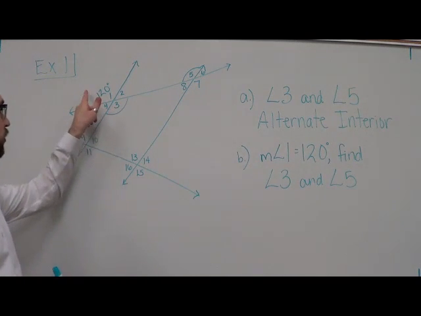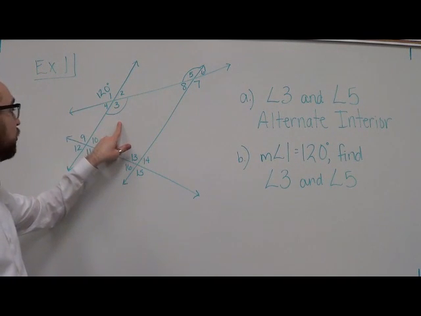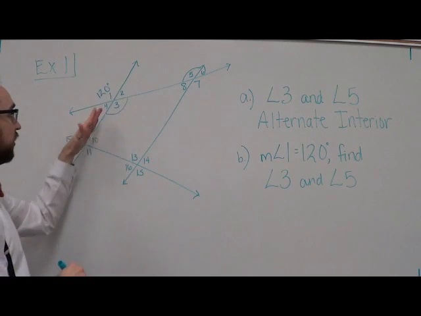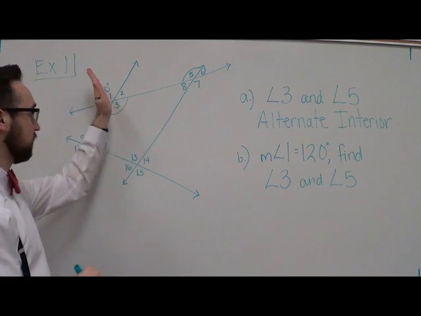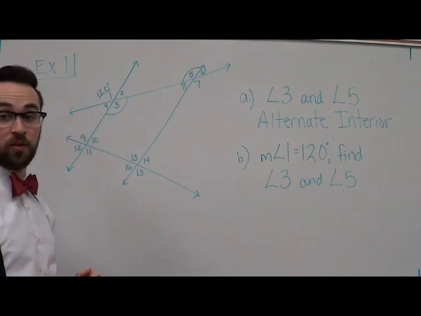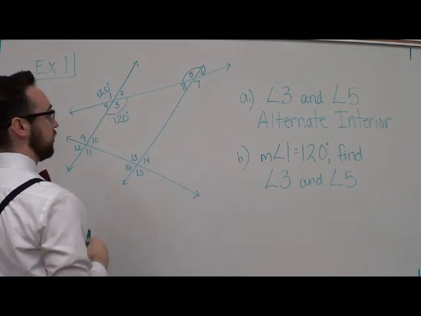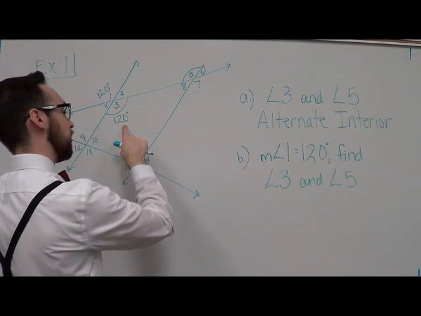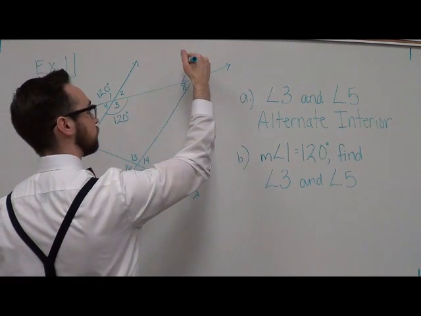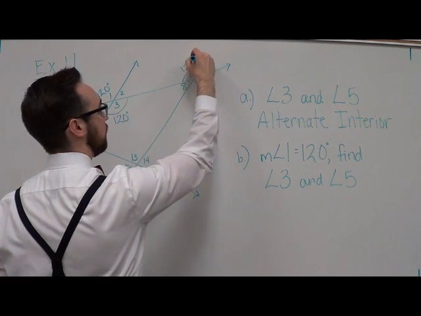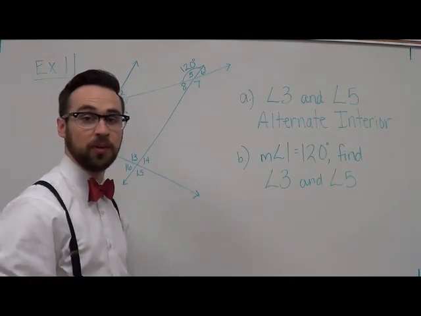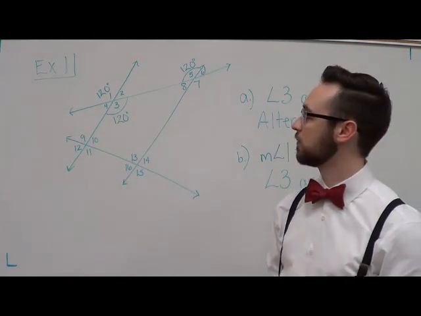What's the relationship between angle 1 and angle 3? Well, these are intersecting lines. They're opposites, so they're vertical angles. So we know this is also 120 degrees. Well, if this is 120 degrees, that means number 5 is also going to be 120 degrees.